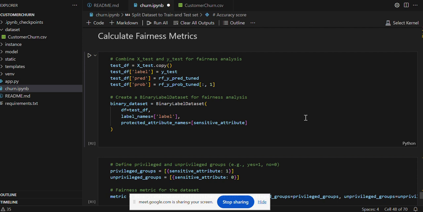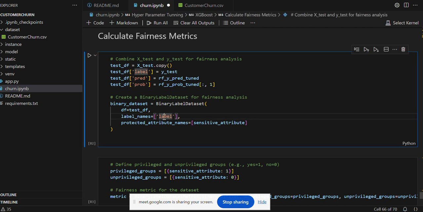From there we pass it to our binary label dataset from AI Fairness 360. We give it the label name, which is where the result is stored, so it can analyze the privileged group and the unprivileged group. The privileged group here is 1, which is yes, and the unprivileged group is 0.